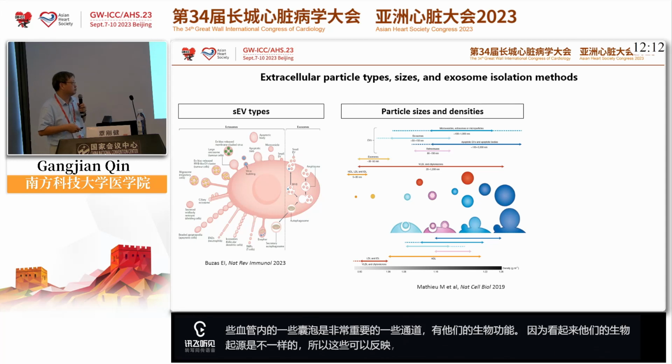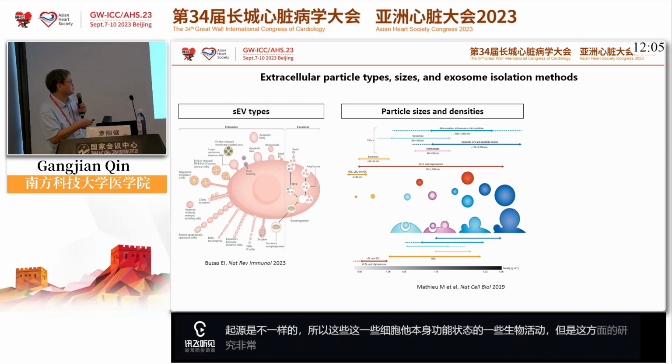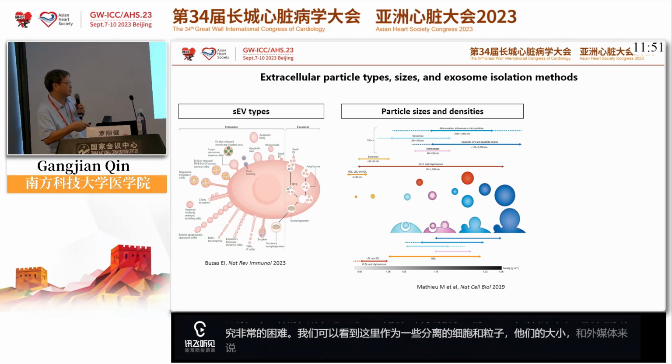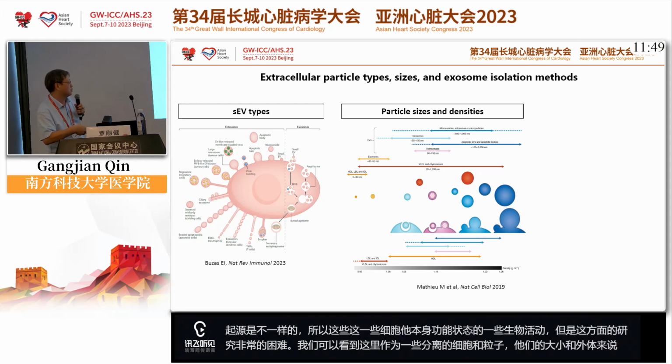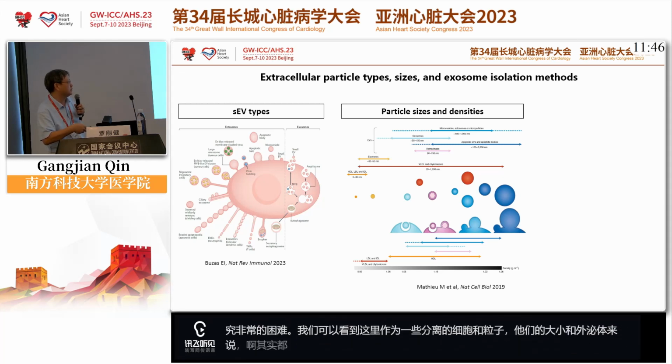But it's very difficult to study in this field, as you can see here. When we isolate these particles, their size overlaps with other vesicles and also non-vesicular particles. Density also overlaps with a lot of particles in our body fluid.